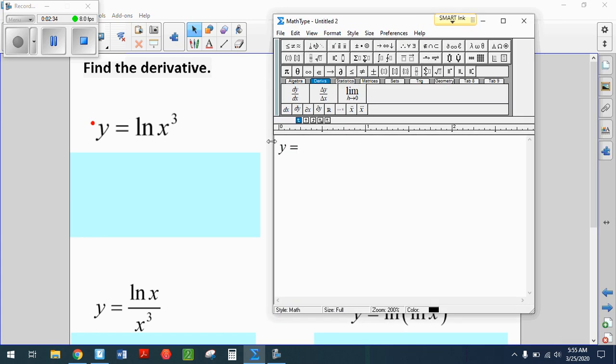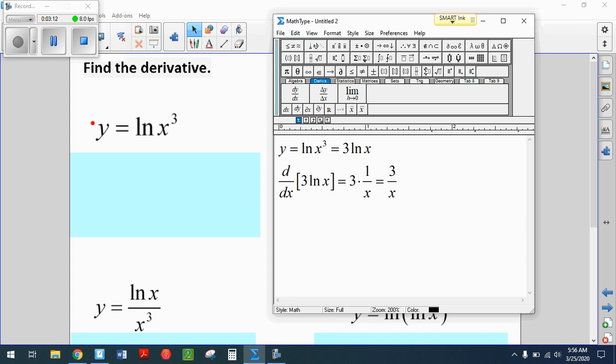So if y equals natural log of x to the 3rd, we could also say that that's equal to 3 times natural log x. The derivative of 3 times natural log x would be equal to 3 times 1 over x, or 3 over x.